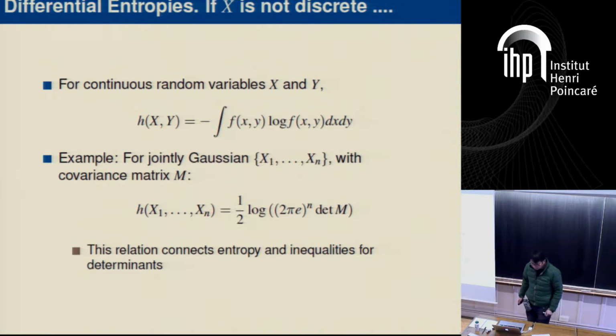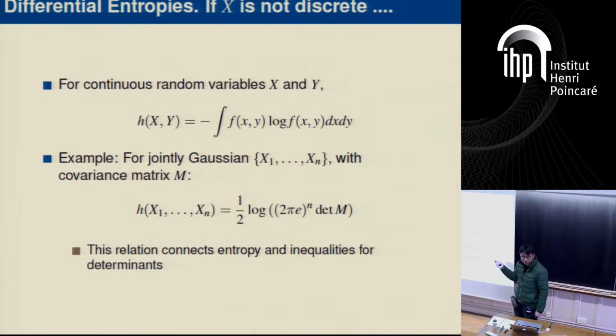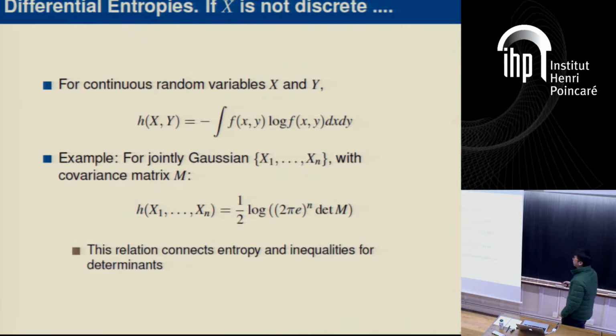Like the discrete counterpart, we can also define the joint differential entropy between two different continuous random variables. The definition is similar. One special form that is interesting to know is for a set of Gaussian distributed random variables, where M is the covariance matrix of these random variables. If you plug into the formula, you can check that the differential entropy is equal to this one.